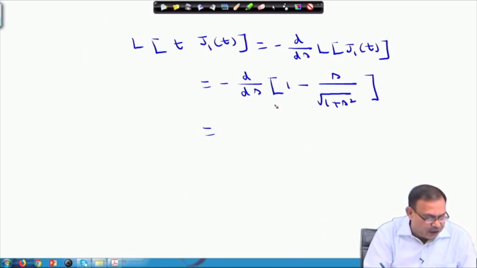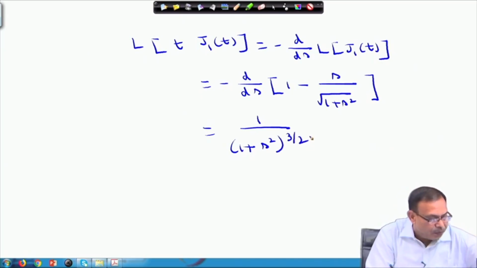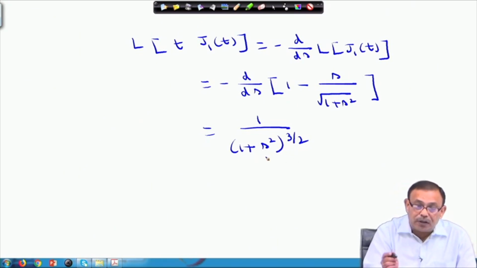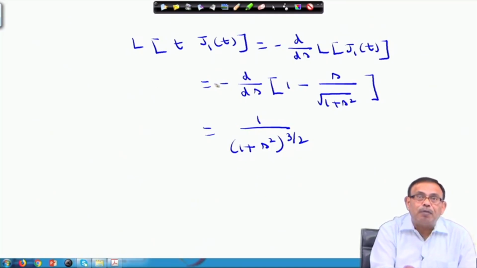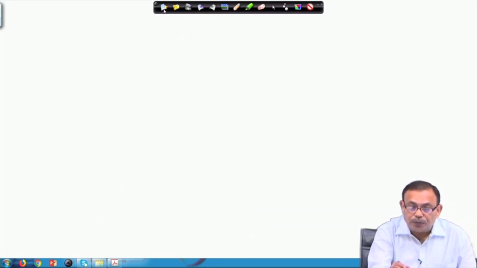If we take the derivative, I think you will obtain the result as 1 plus s square to the power 3 by 2. Please check this calculation, because it may be a little bit wrong, although I hope I have done it correctly. So, the Laplace transform of t J 1 of t is equal to 1 by 1 plus s square to the power 3 by 2.